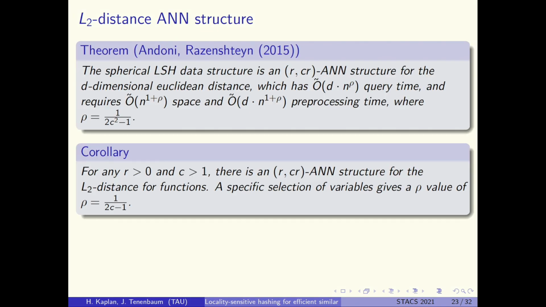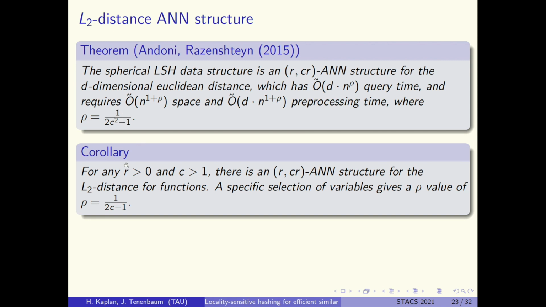Since our structure uses spherical LSH internally, we present its guarantees. The spherical LSH data structure is an R, C, R approximate near neighbor structure for the d-dimensional Euclidean distance, which has the order of d times n to the rho query time and requires order of n to the 1 plus rho space and order of d times n to the 1 plus rho processing time, where rho is as follows.